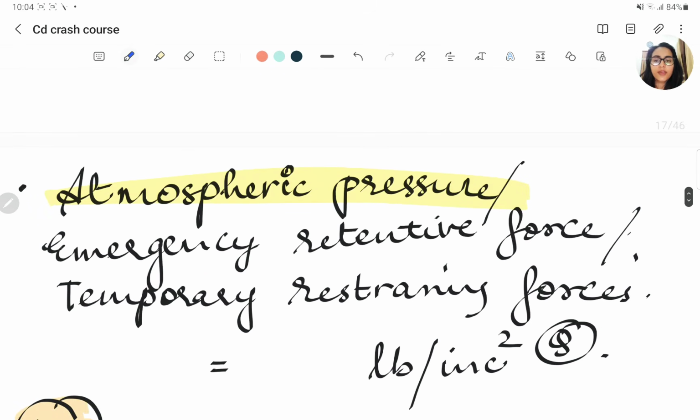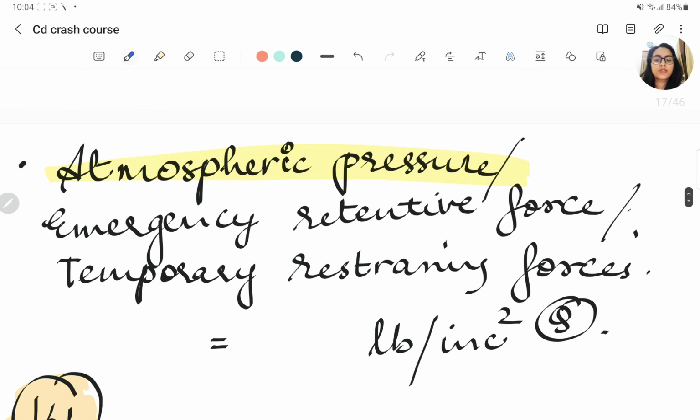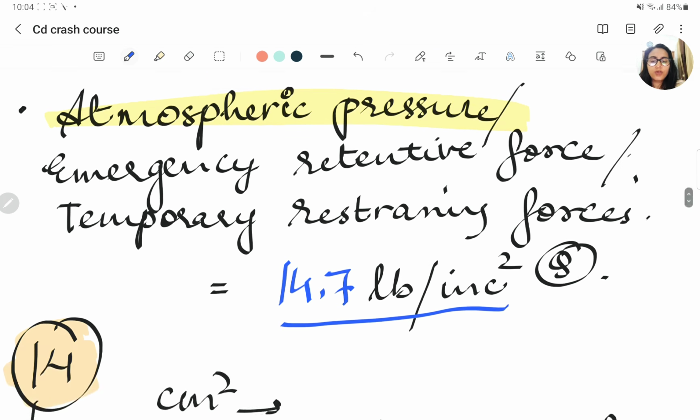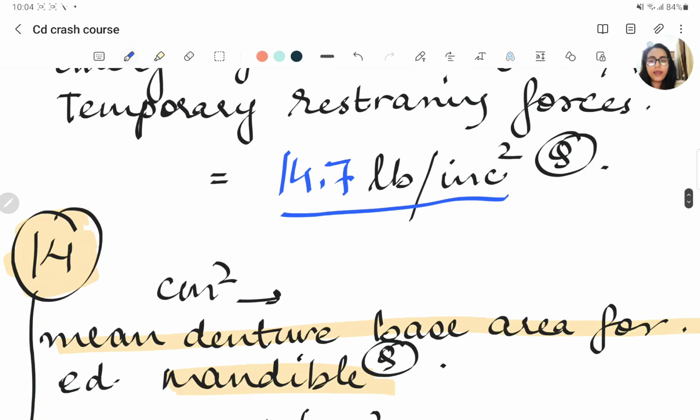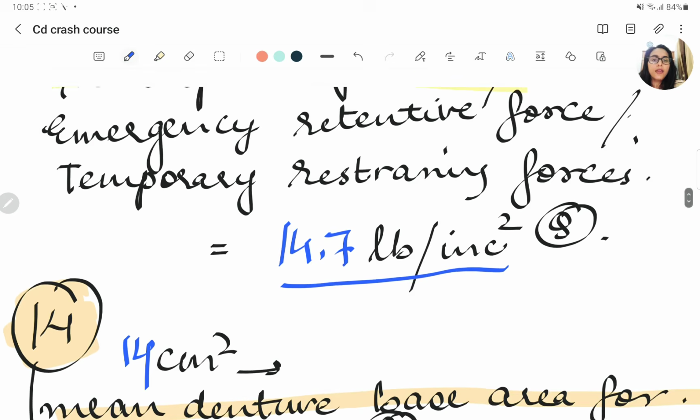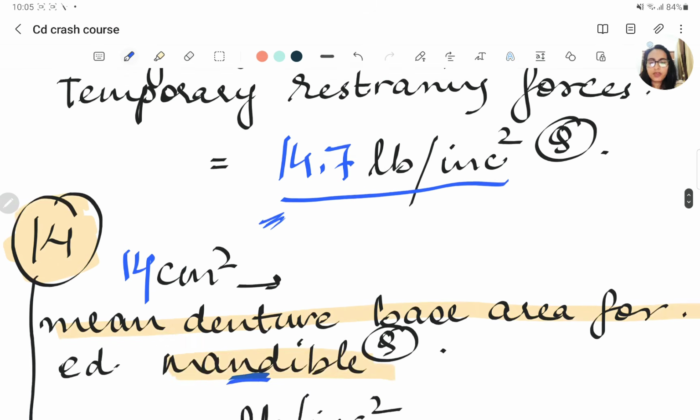Now atmospheric pressure is also known as emergency retentive force, also known as temporary restraining force. So instead of the term atmospheric pressure, they can give you emergency retentive force or temporary restraining force. It is 14.7 lbs per square inch. Remember, 14 centimeter square is the mean denture base area for the edentulous mandible and 14.7 is the atmospheric pressure.